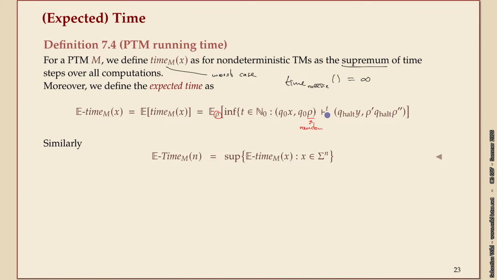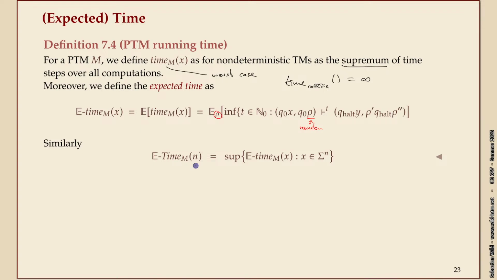And then, of course, also the t is a random thing because it depends on the row. So the whole infimum is random. The shortest number of steps to reach the halting state for a specific sequence of bits. And the expectation over that, over all the bits, gives you the expected running time of this probabilistic Turing machine.